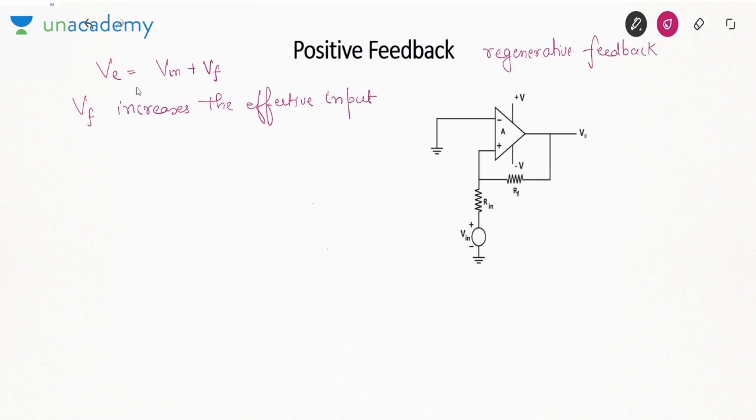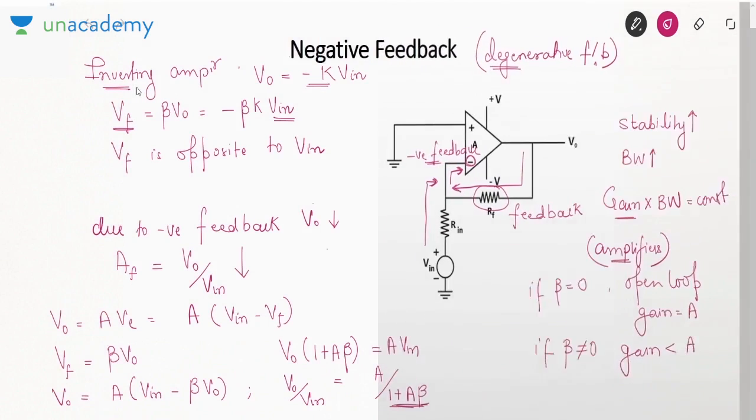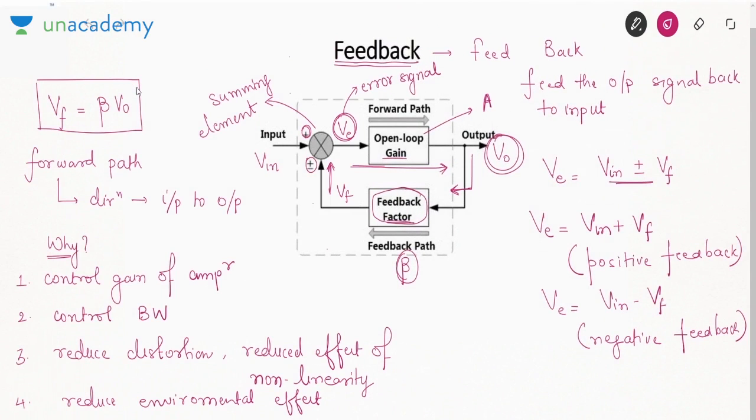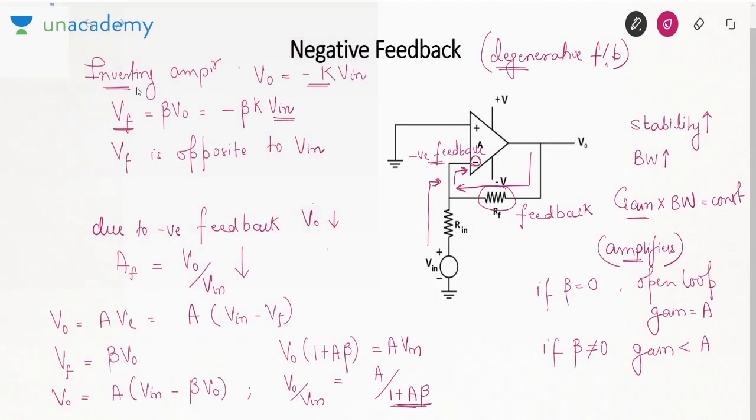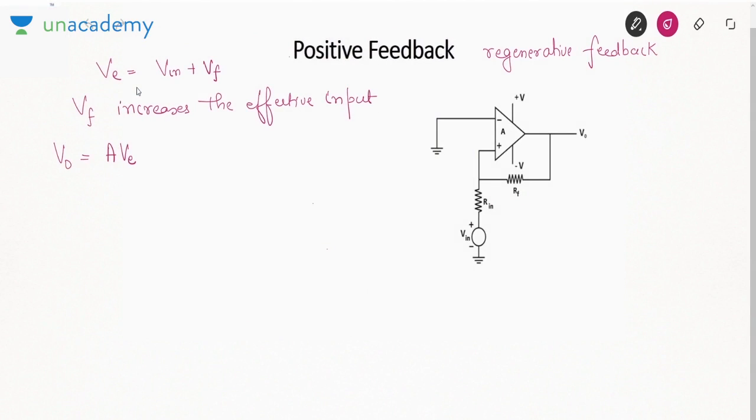So what will happen? Let me show you. Previously I wrote V naught is simply A into VE. How I wrote this? See this? This is VE. This open loop gain is A. So V naught is how much? A into VE, which means A times Vin plus VF.